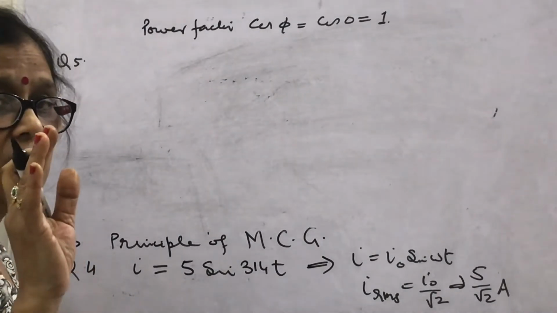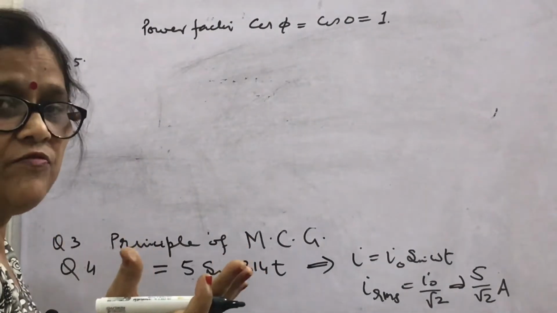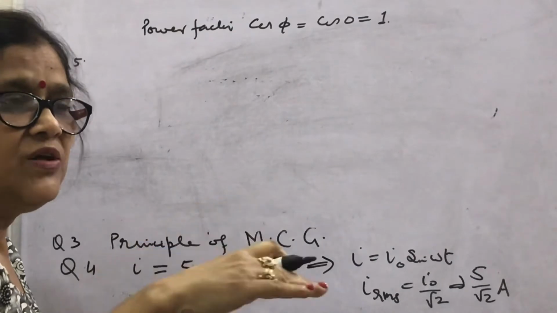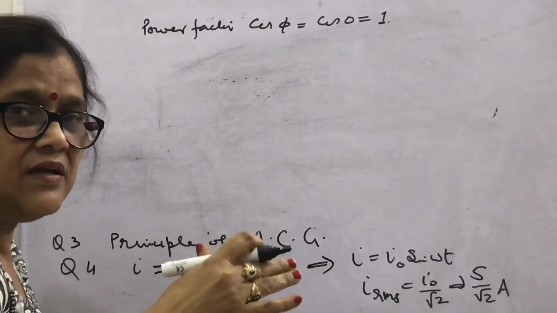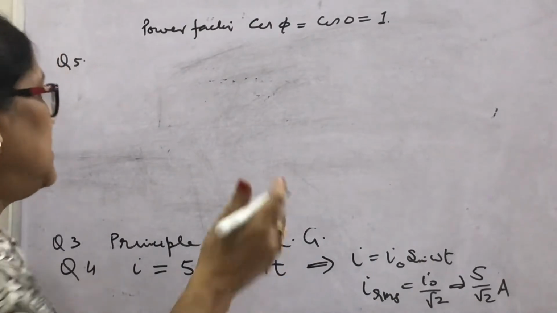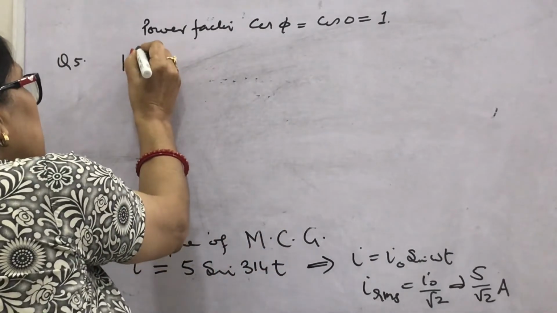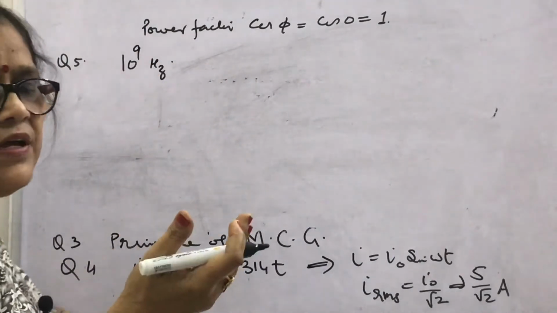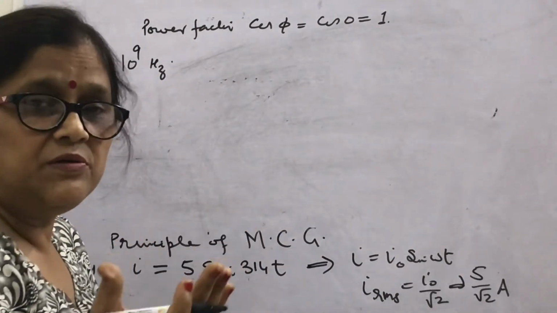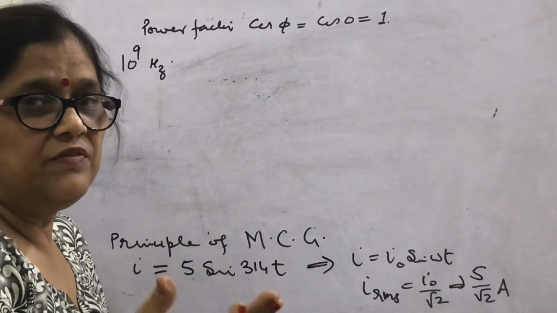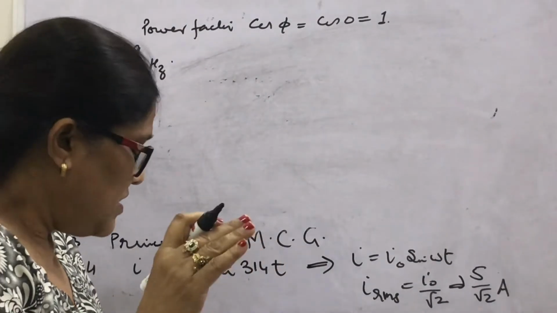The frequency of the EM waves produced is the same as the frequency of the oscillating charged particle. Then what will be the answer? 10 to the power 9 Hertz. Sometimes this question is asked in another way, that how EM waves are produced by an oscillating charged particle. So the frequency produced is also the same.